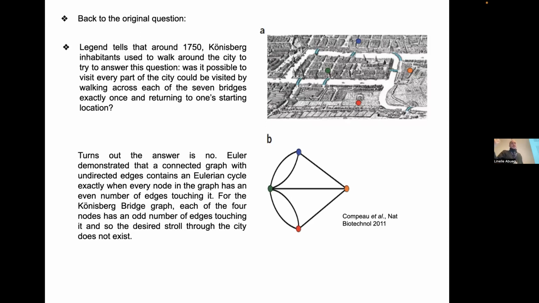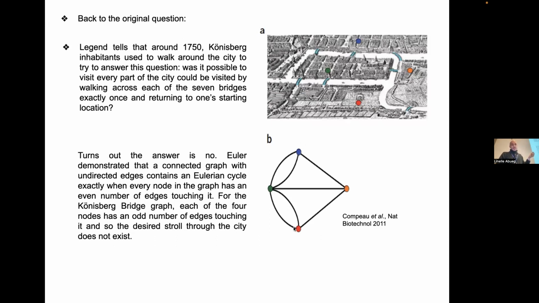So going back to the original problem of Euler, essentially the answer is no. It turns out that there is a demonstration that says you need to have an even number of edges through the nodes to be able to walk this kind of graph as Euler was trying to do. So if you take this node, it has 3 edges.